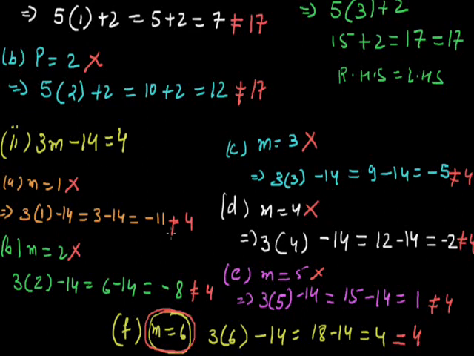First we get the value as minus 11, then minus 8, then minus 5, then minus 2, and so on. So you can try with alternate values also. It is not necessary that we try each and every value from 1 to 6. We can try 1, 3, then 5 in this way. So in this equation we have m is equal to 6 as the solution of the given equation.